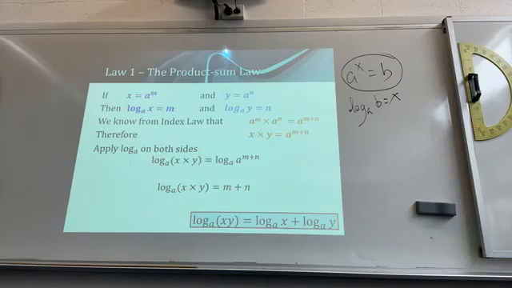Alright? I think this is the basis of the slide rule, how they use it to do multiplication. But I think for the slide rule they use natural log rather than base a or base 10 or whatever. Alright? So that's the first one you need to know. It's going to be in your formula sheet, so you don't have to remember. So log base a of xy equals log base a of x plus log base a of y.